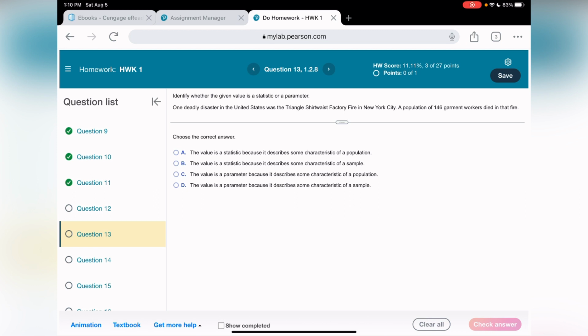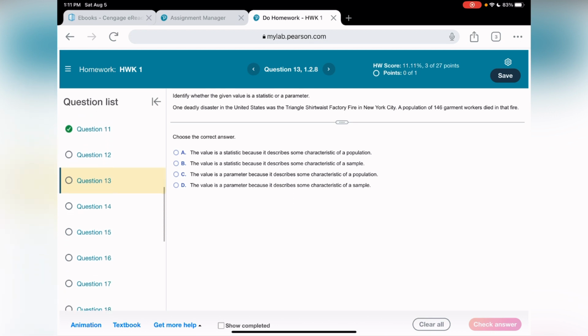It's a subset. But what is the population in this case? The population is all people who live in the United States. So you have to be careful. Based on how you figure out whether it's a sample or a population, you can figure out whether it's a statistic or a parameter. So you can do this one, think and figure it out.